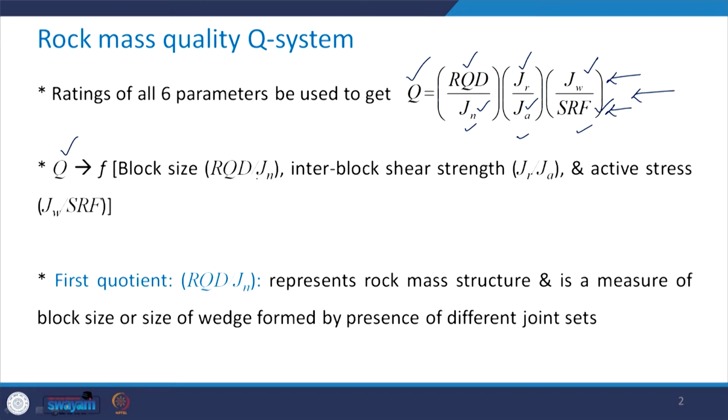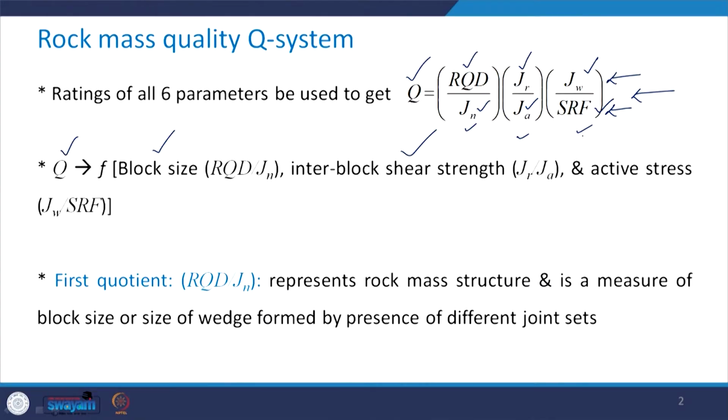The first one represents the block size physically. The second one deals with the interblock shear strength, because both these parameters Jr and Ja are related to the joint. That is, one is related to joint roughness and another one is related to joint alteration.